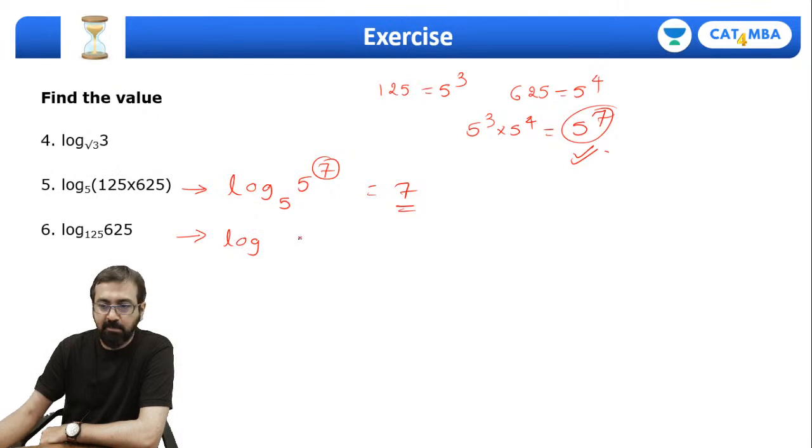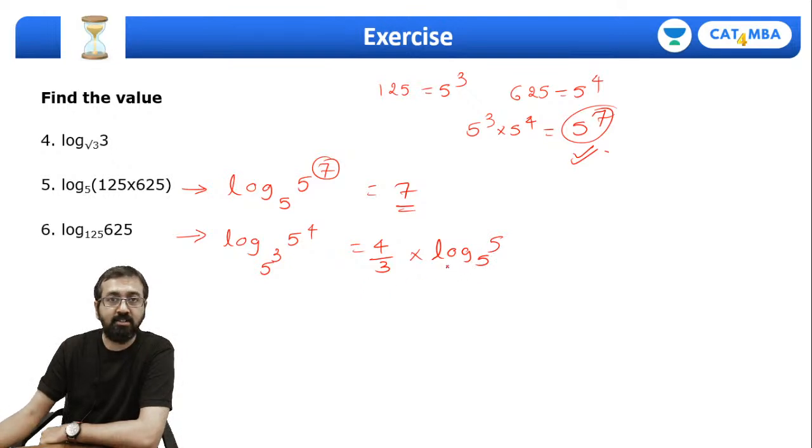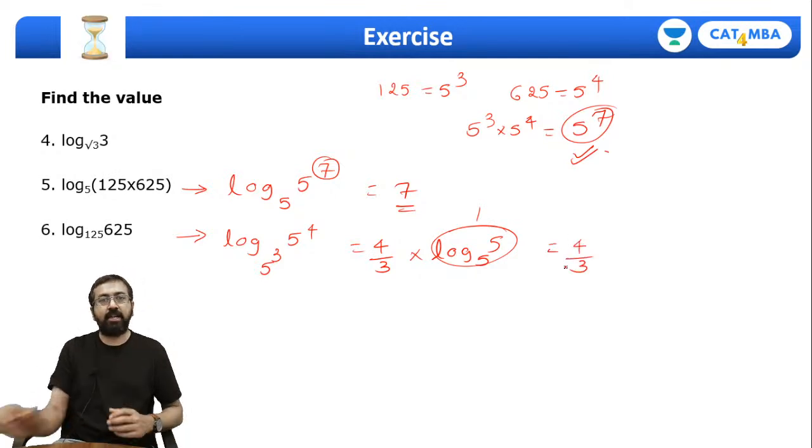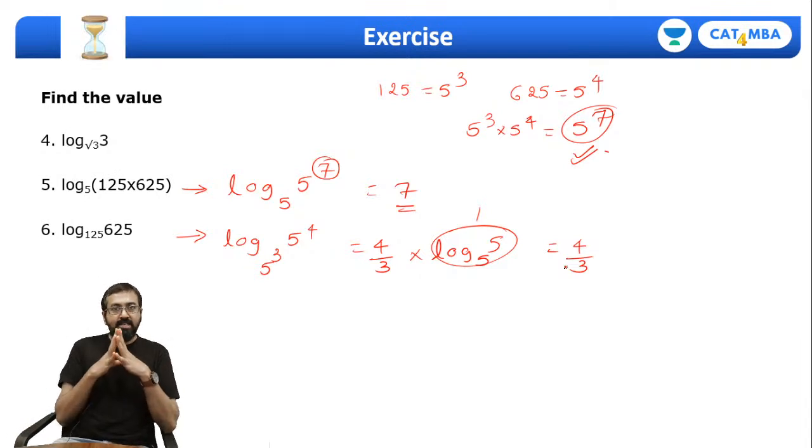Again, this can be simplified as log of 5 raised to 4 with the base 5 raised to 3. So this will be 4 by 3 into log of 5 with base 5. Isn't that a very simple question? Log of 5 with base 5 is 1. So 4 by 3 into 1 is 4 by 3. As simple as that. Correct? Yes, guys.